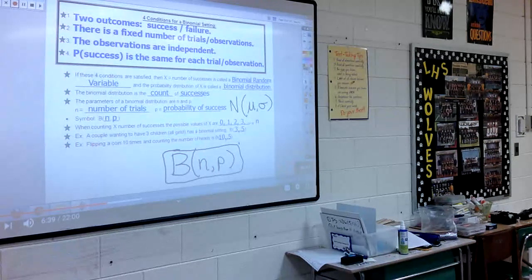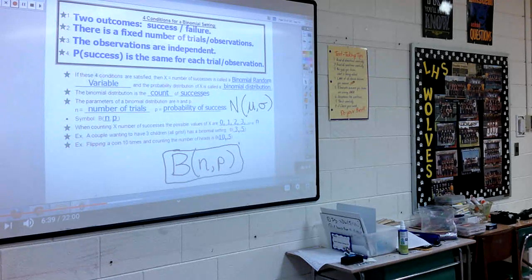The parameters, so there's 2 things that you look at in a binomial distribution: the number of trials and the probability of success. If you notice over here on the right side, you see that big N and the mean and standard deviation. That is for a normal distribution. So for a normal distribution, we could write capital N, mean and standard deviation.